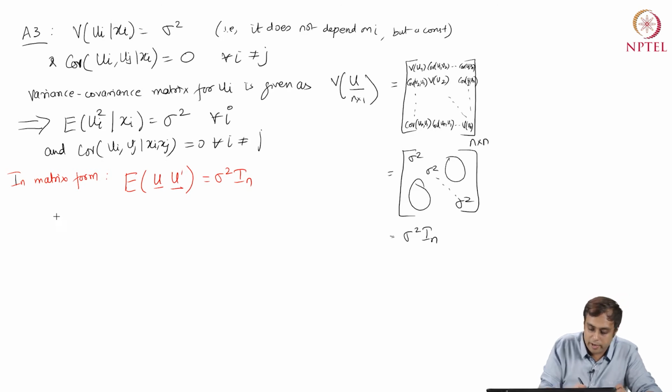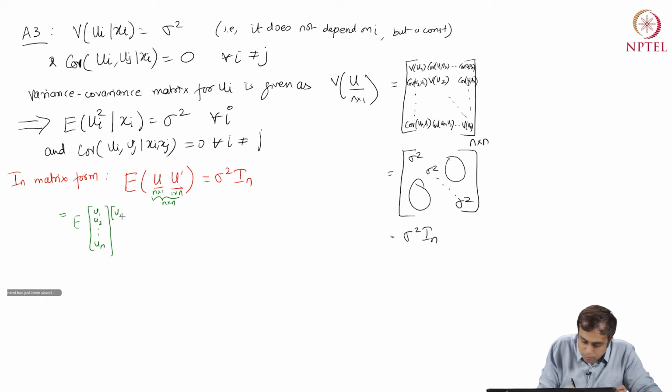What does that mean? Let's look at the LHS. So we have an n by 1 and a 1 by n. So I have an n by n, which is what I should be looking at. I have an expectation operator sitting here. I have u1, u2 all the way to un, and its transpose u1, u2 all the way to un as a row vector.